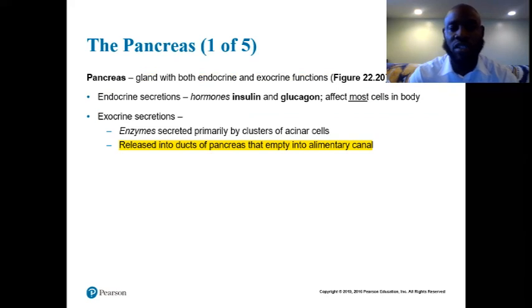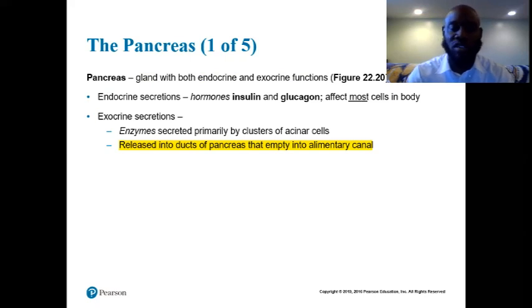First up is the pancreas, and the liver and the gallbladder are sort of connected to each other, so they're very much related. All right, so the pancreas is a gland with endocrine functions, inside and into the body, and exocrine functions, outside. Endocrine: hormones, insulin helps with our sugar, glucagon helps with our glucose.